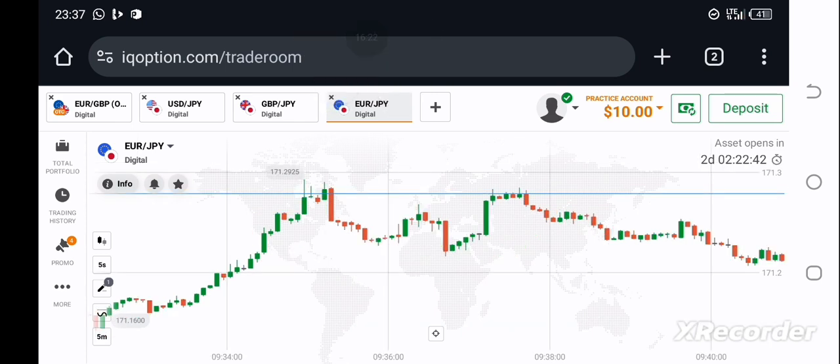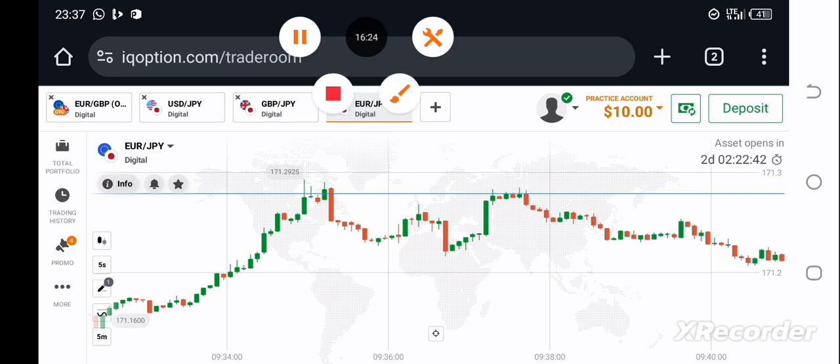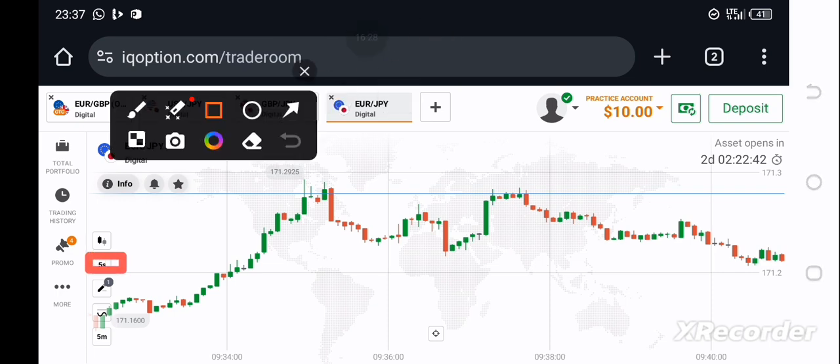After changing it, you can see the time here is now 5 seconds, and every candlestick here is formed within 5 seconds.